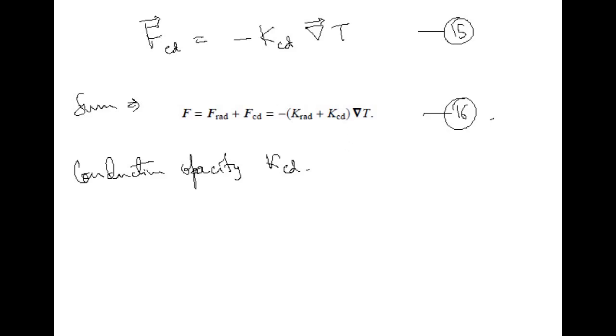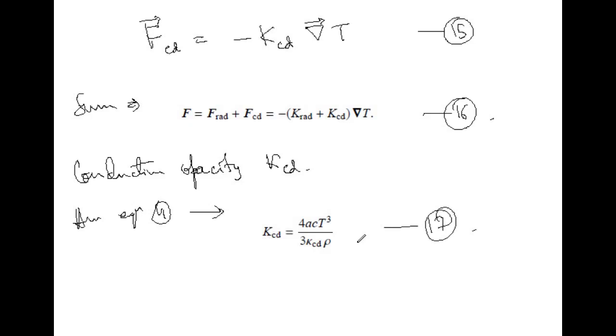So analogous to equation 4, we can write the conductive opacity like this. Then we can write the combined flux due to radiation and conduction in this way.